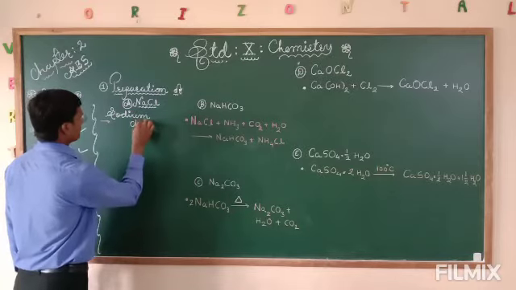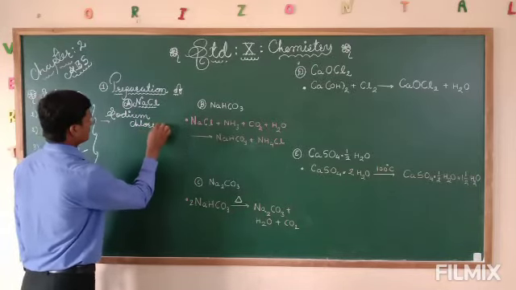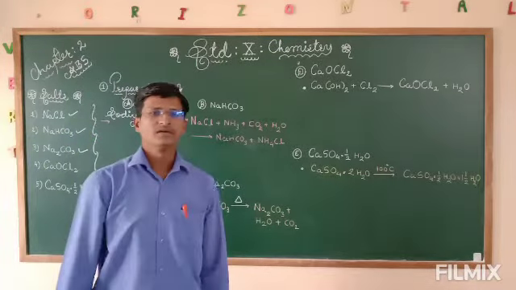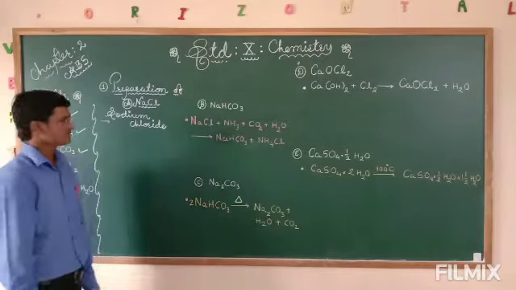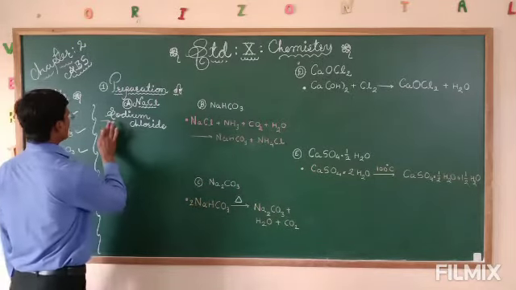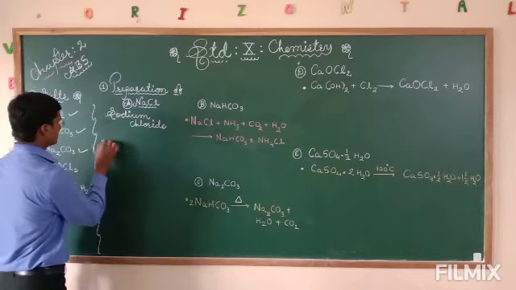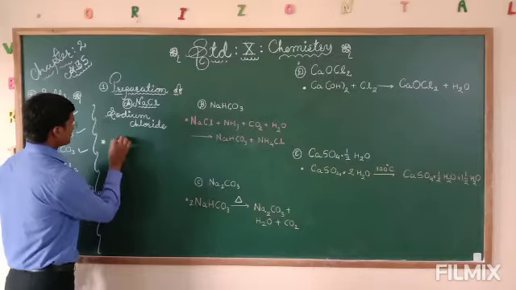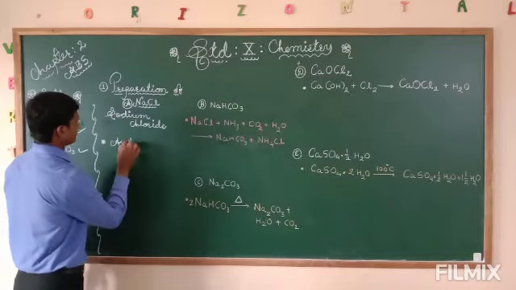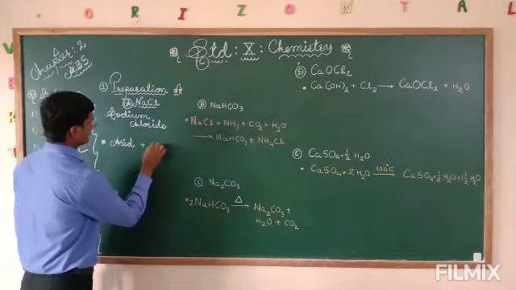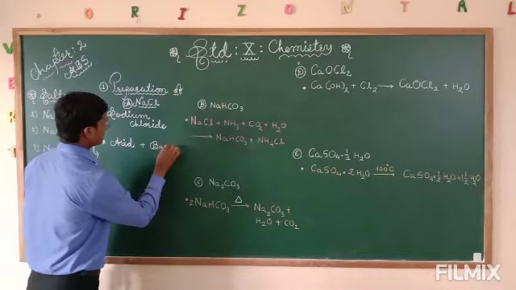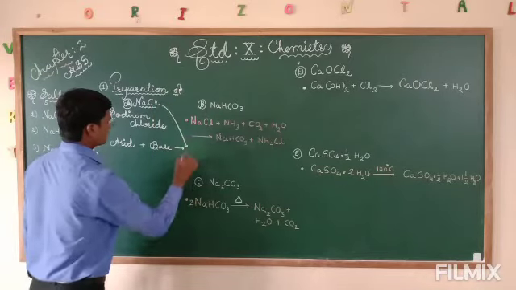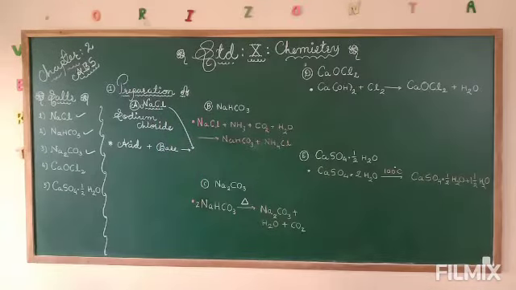This sodium chloride we generally find in oceans, so you are aware of that, and chemically also we can make it. So first it reacts with any acid and base, and it will give us salt, that is sodium chloride.